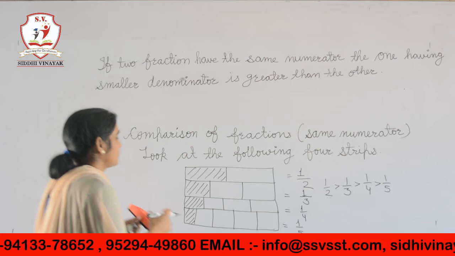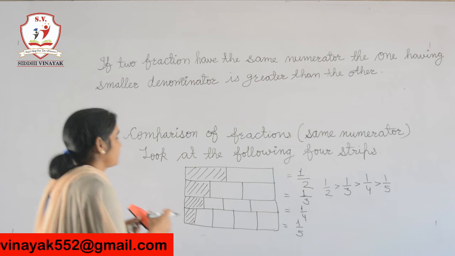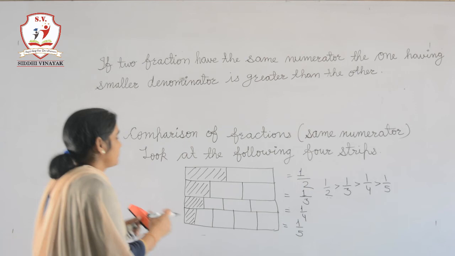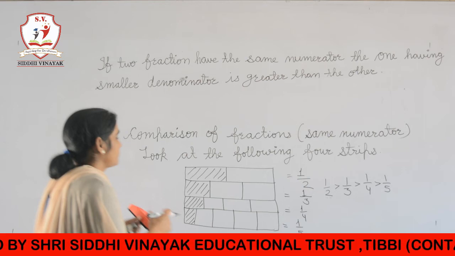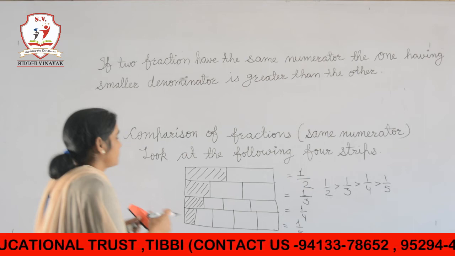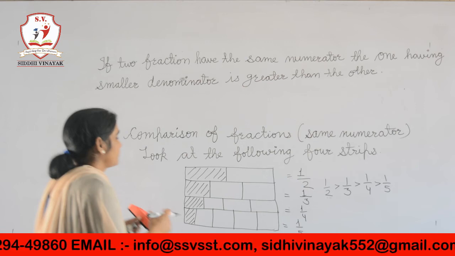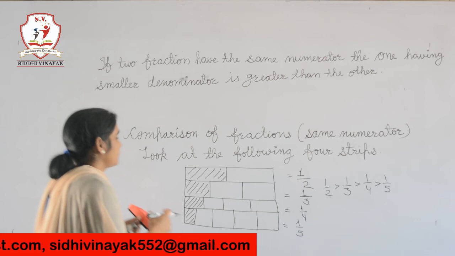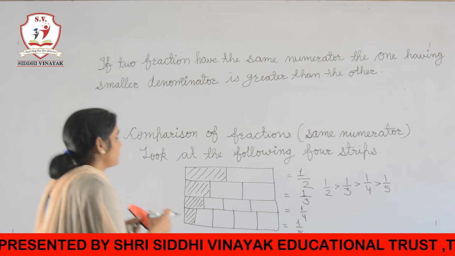Sum of numerators, so 1 plus 2 plus 3. Sum means add. The common denominator is 4. So 2 plus 1, 3. 3 plus 3, 6. 6 upon 4.